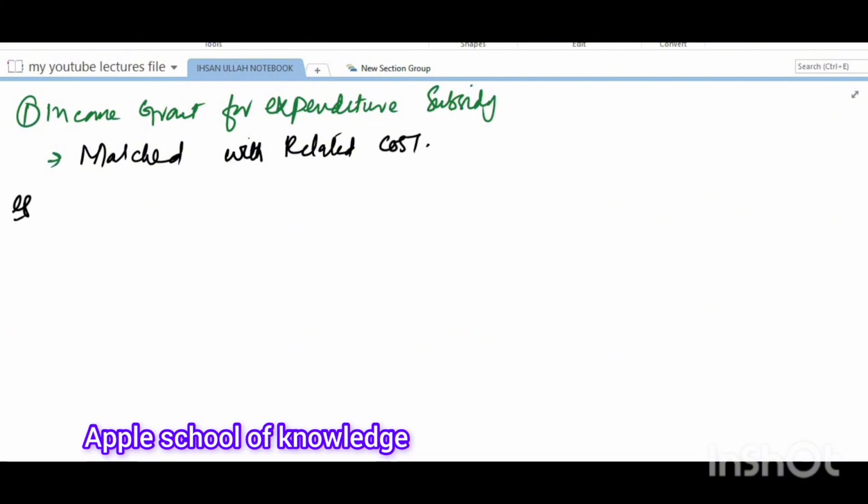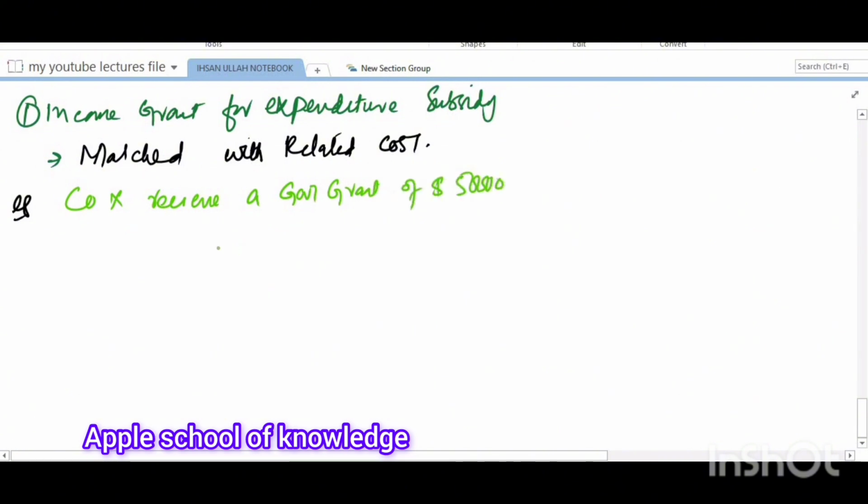For example, we have a company X, and this company receives a government grant of, let's say, $50,000, and this grant is for research and development. Clear?